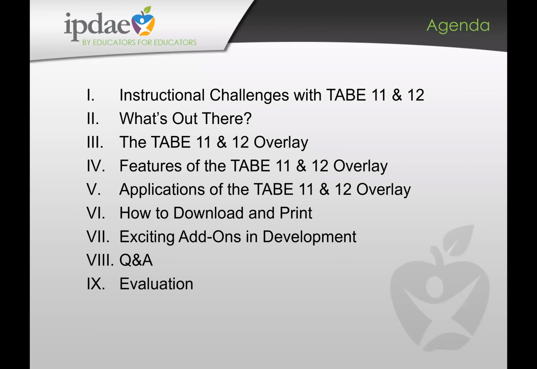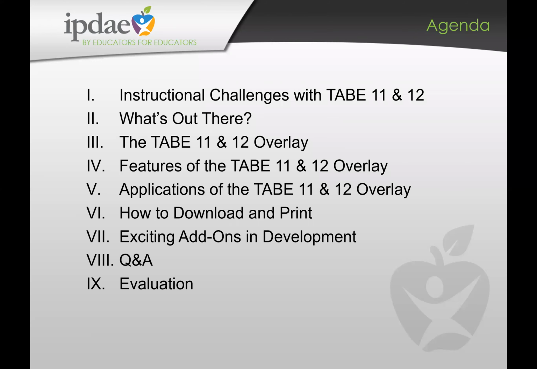So in today's agenda, here are the things that we're going to cover. First of all, for everyone that is new to the matrix and new to TABE, we're going to talk about some challenges with the rollout of the new TABE 11 and 12. After that, we're just going to briefly discuss what's out there already, besides what we're rolling out today.